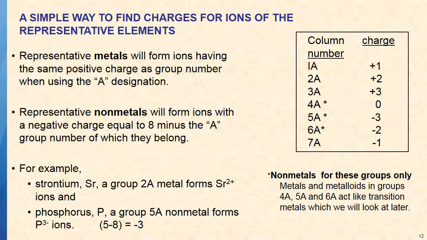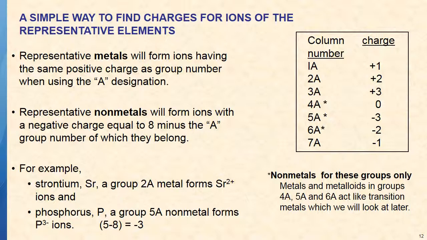Now notice the asterisks, and keep in mind that in group 4, 5, and 6, we're only talking about the nonmetals. The nonmetals will form the charge that is listed here. The metals in those groups, those below the stair steps, actually act like transition metals, and we're going to talk about those a little bit later in this unit.